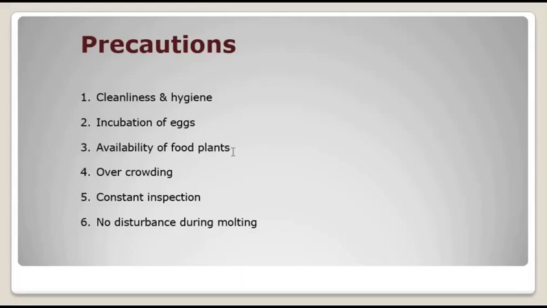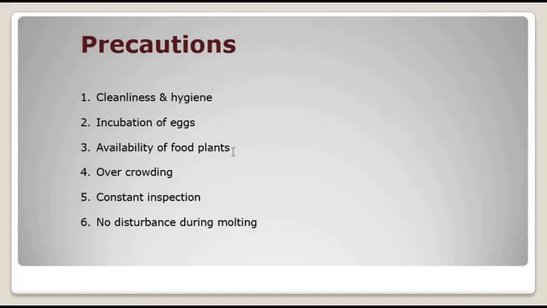While going for the rearing process, one should confirm that sufficient food plants are available. If the mulberry leaves are not sufficient, then one should not go for the rearing. Otherwise, what will happen? As you know, the larvae are voracious feeders, right?